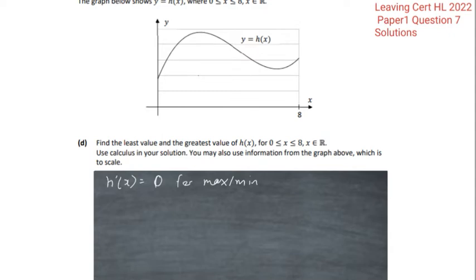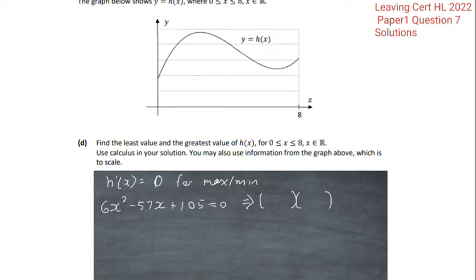Alright, so our h dash is 6x squared minus 57x plus 105. So let's set that to 0, and then we factorize it. So therefore we get two factors. You can use the quadratic formula as well, whichever suits you better. So let's factorize it.